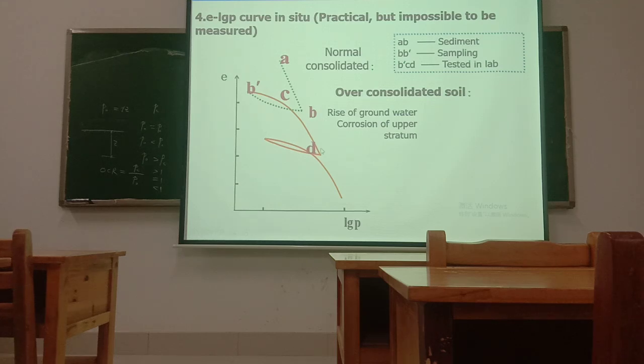Here, a curve has been drawn. And AB for the segment. Okay, here B is the point for the sample.